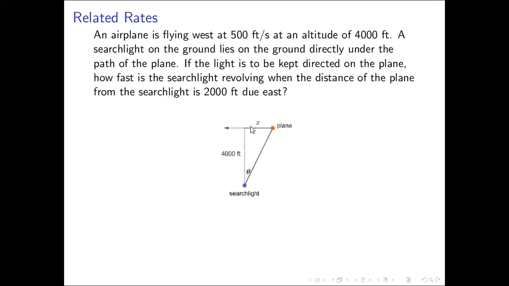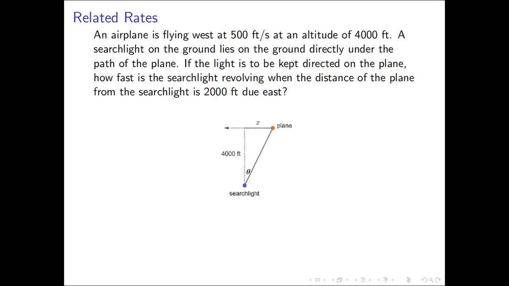So here's the plane. It's at an altitude of 4,000 feet, moves parallel to the ground. Okay, it's always at 4,000 feet altitude. And this is the searchlight on the ground, which is always kept directed towards the plane, no matter where it is.